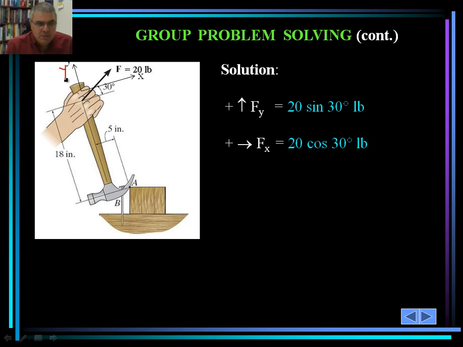The Cartesian coordinate system is given here, and as you can see, there is a 30-degree angle between the x-axis and F. As such, F sub y would be 20 sine 30, and F sub x would be 20 cosine 30. Please note that the arrows right next to F sub y and F sub x show the positive direction of y and x.